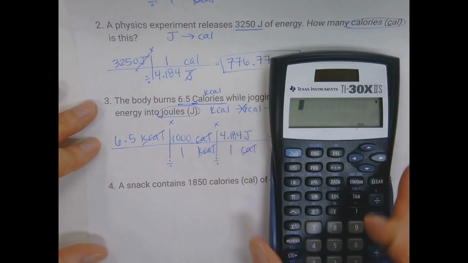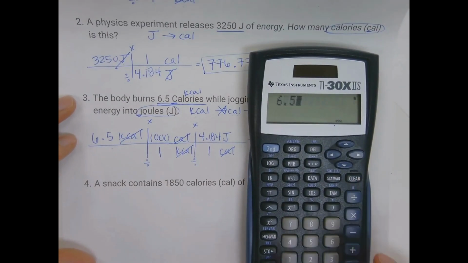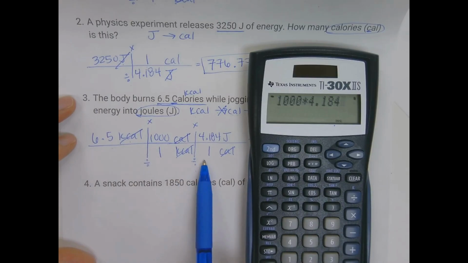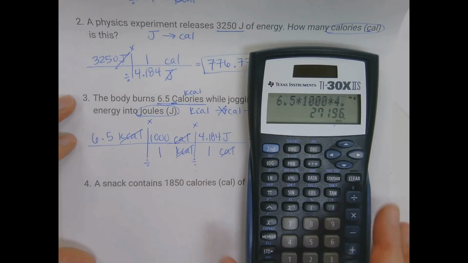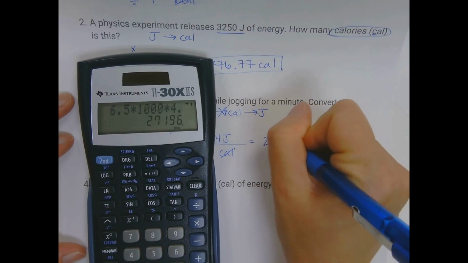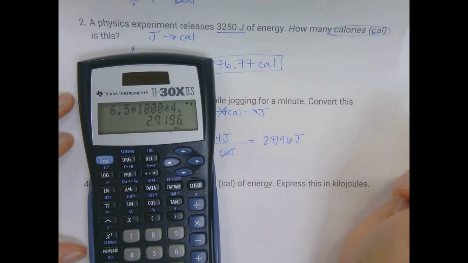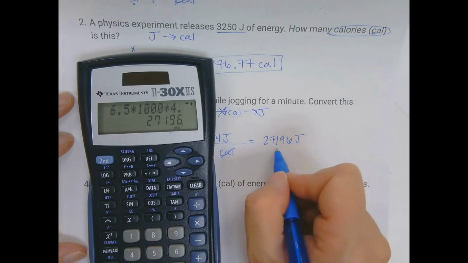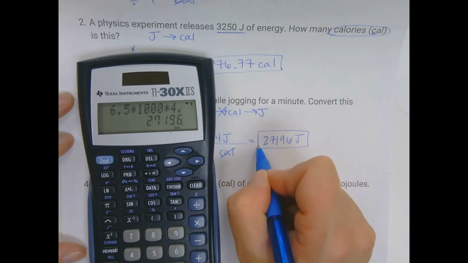So if I put this in my calculator, 6.5 times 1,000 times 4.184. And I know that if I divide by 1 and divide by 1, it's not going to change my answer. So here is my answer: 27,196 joules. Okay?